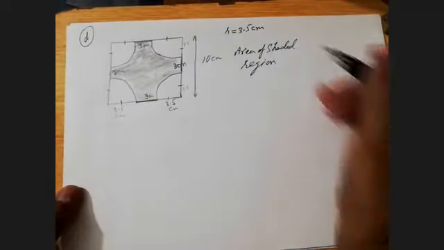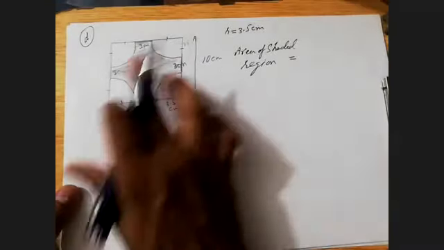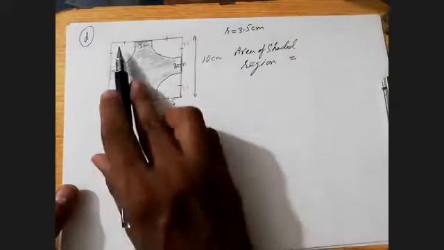Area of shaded region is equal to area of square minus area of circle, because these four quadrants are making a full circle.